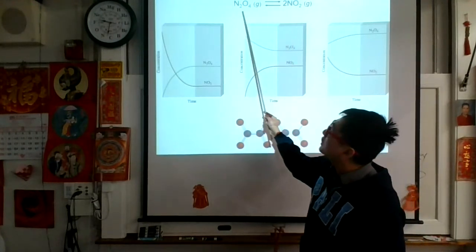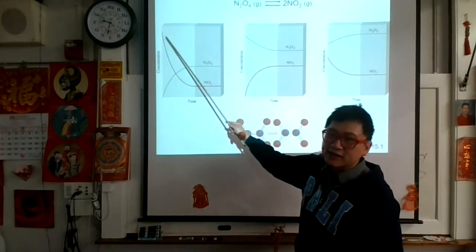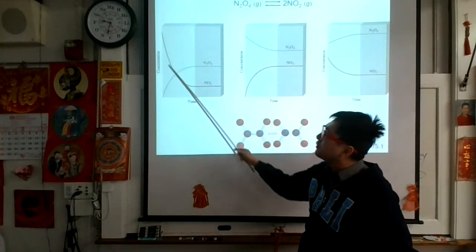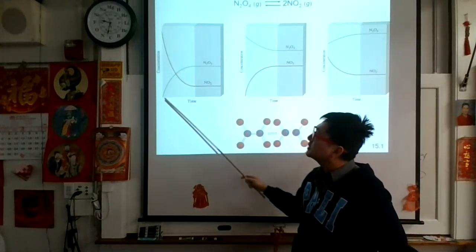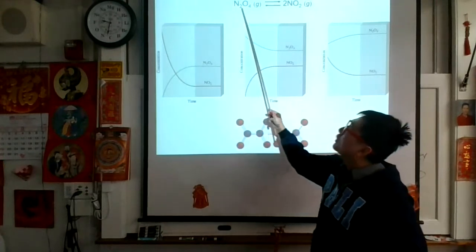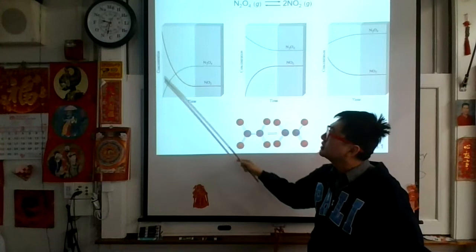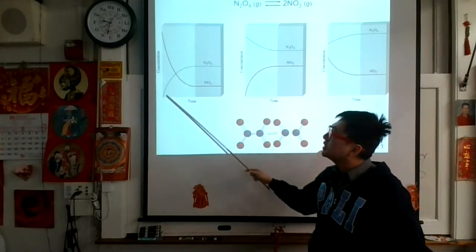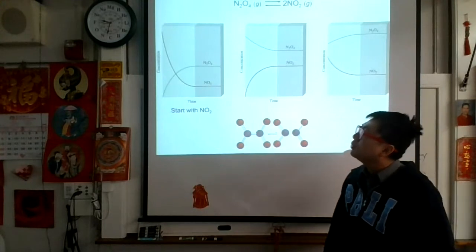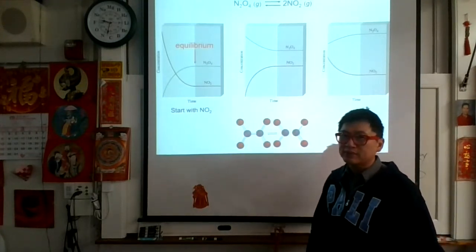It turns into the N2O4, and it starts increasing, while at that same time the NO2 starts decreasing. Well, it doesn't decrease forever, because as this NO2 decreases and the N2O4 increases, now this N2O4 can start turning back into the NO2. And so as this NO2 decreases, this N2O4 increases until it gets to a point of equilibrium in which the forward and reverse reaction rates are equal.